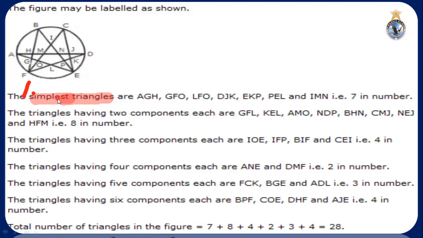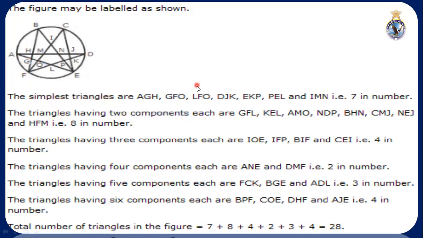So the simplest triangles are AGH. Then GFO, the smallest triangle.